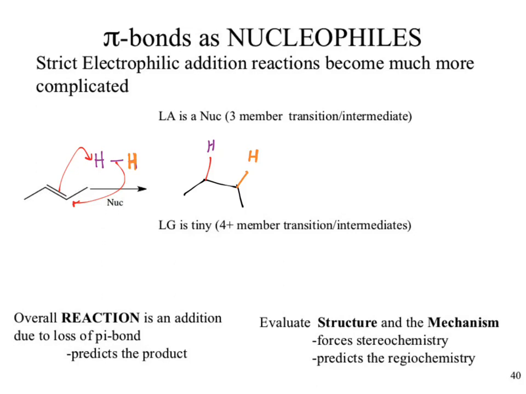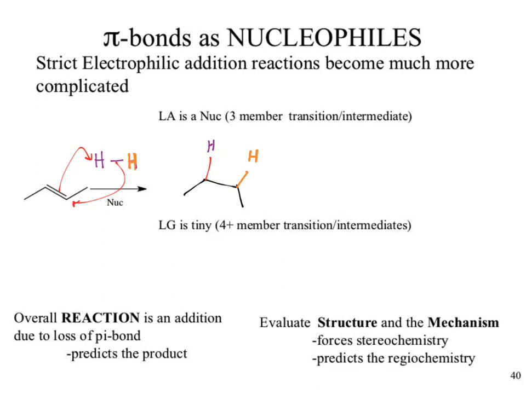There's the BH3 THF reaction. We'll talk about that too. That's similar to this. It is very similar. So this definitely doesn't fit under our Lewis acid as a nucleophile. It fits under our leaving group as tiny. What kind of addition did I do?